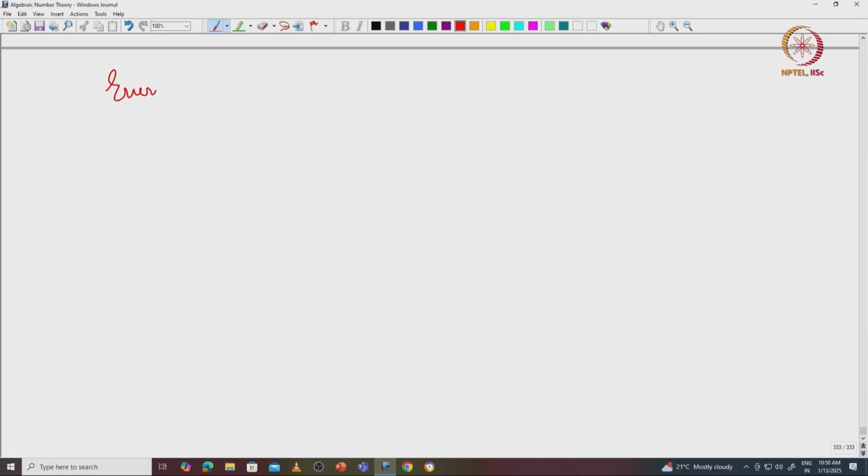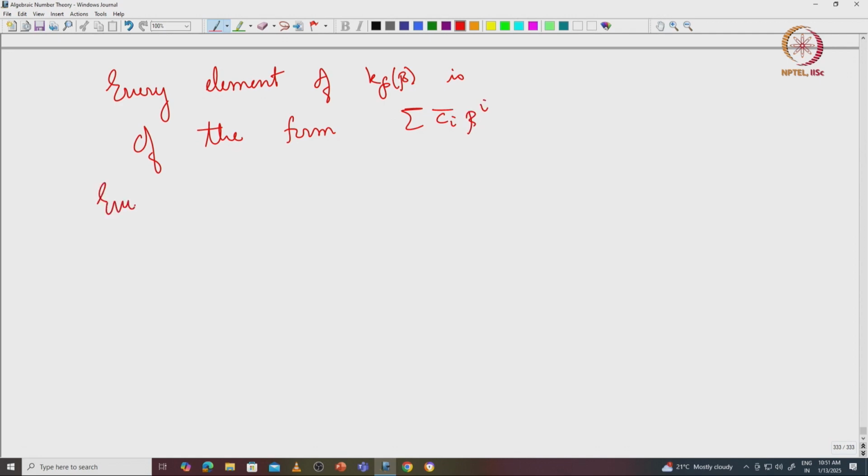So, every element of k_p(beta) is of the form summation c i bar beta to the i, and every element of O_L/P_1 is of the form summation c i alpha to the i.